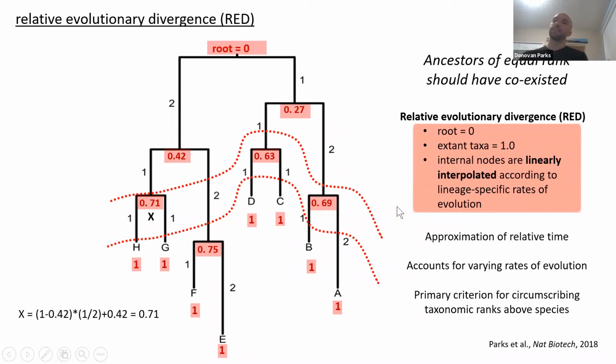What this does allow us to do is take a tree, get this measure of relative evolutionary divergence, which we believe is a good approximation of actual time of divergence, and then use that as a way to normalize taxa so that they will have roughly diverged at the same time in the past.